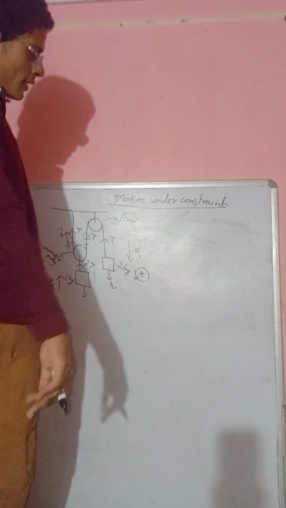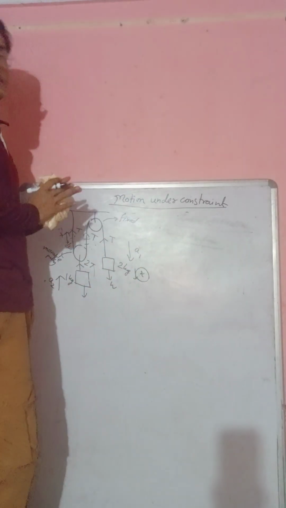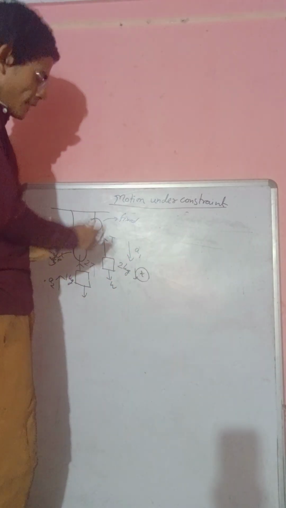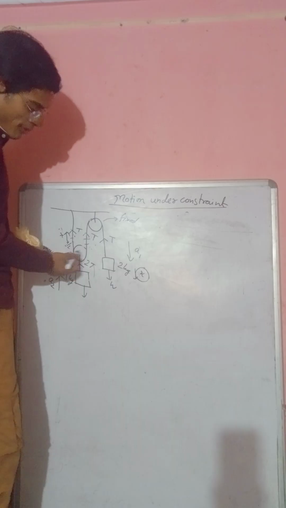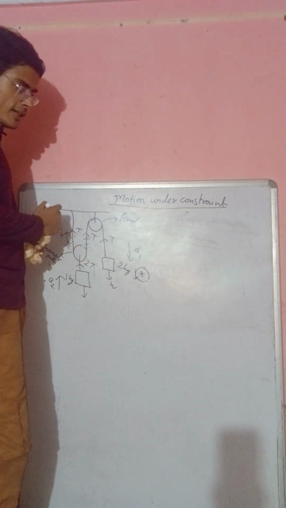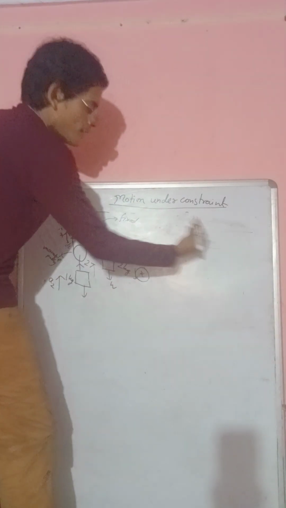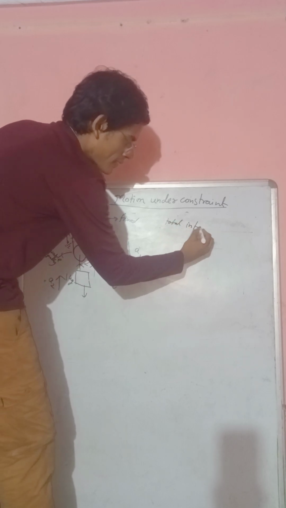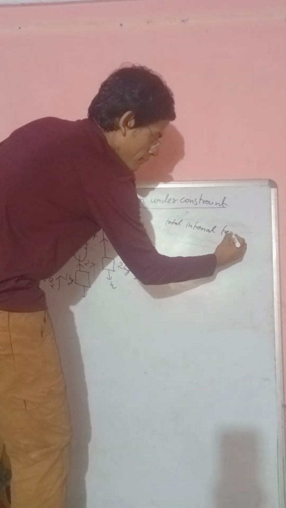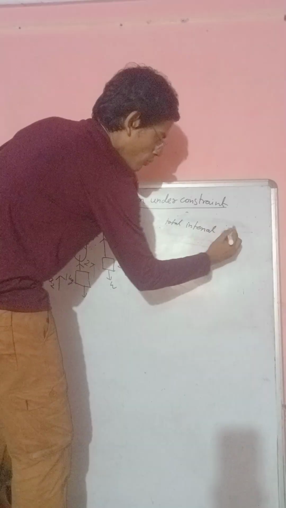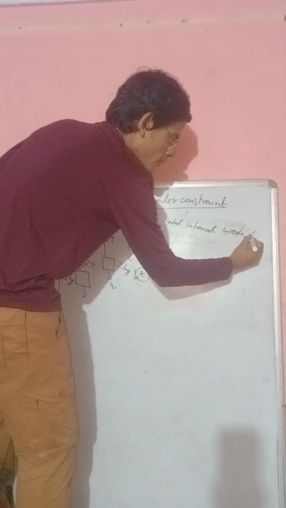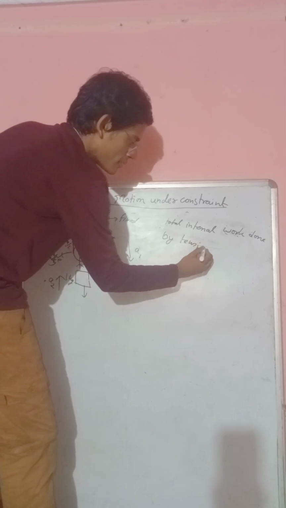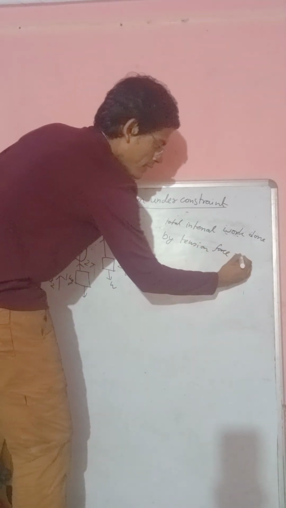Now let's see how we can solve this without measuring the displacement from both sides. For this we will say that the total internal work done by tension force is 0.